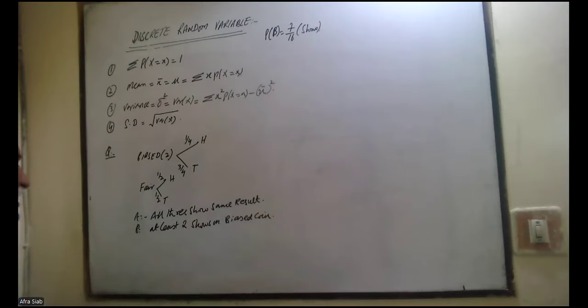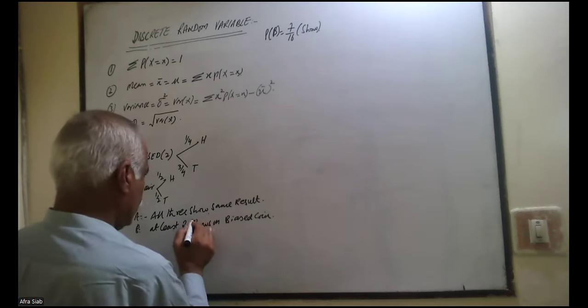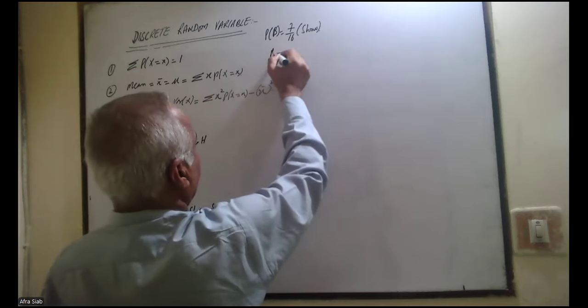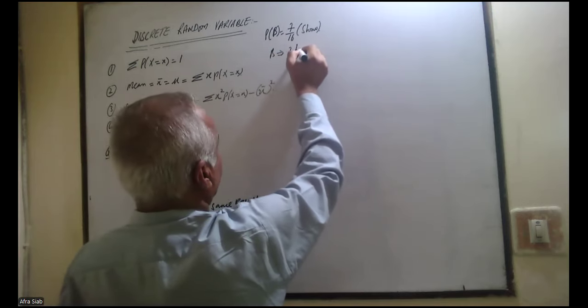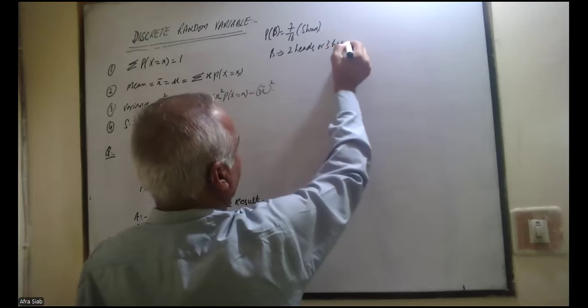Since B shows at least two heads here, so that means for B, either there will be two heads or three heads.